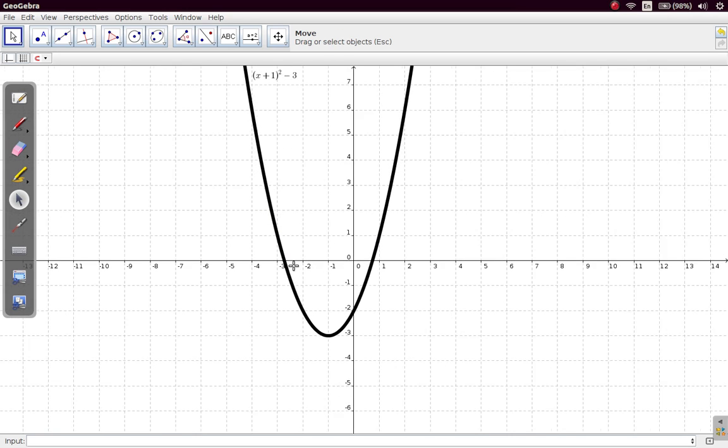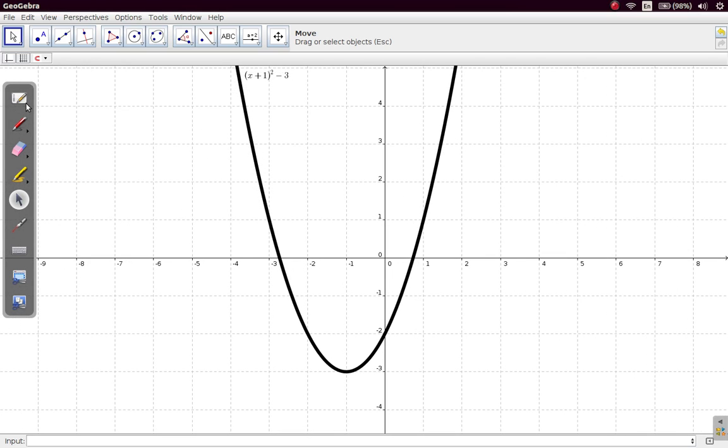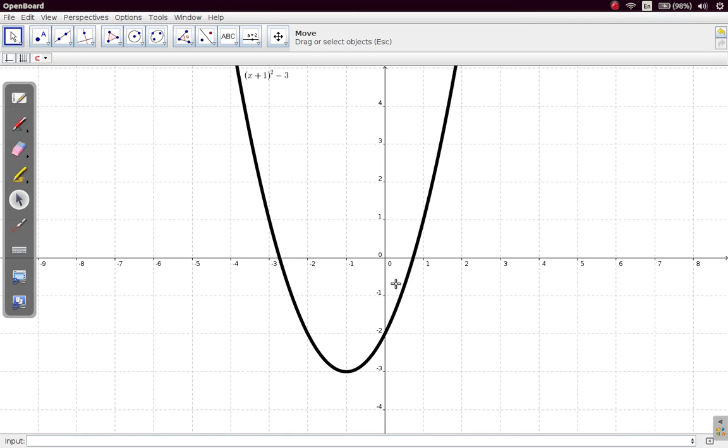Let's zoom in a bit. So we have what we said. The minimum point was at negative 1, negative 3. Yes, it lines up with negative 1, negative 3.